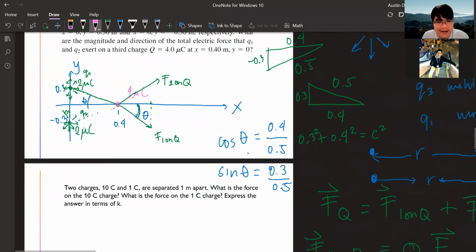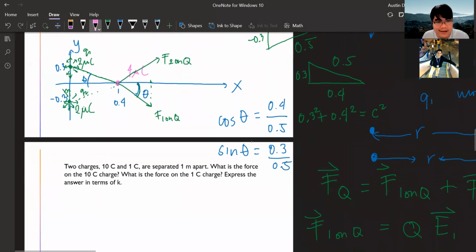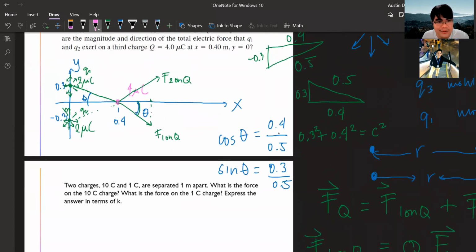Sa cosine theta, hindi mo kailangan ni negative kasi yung 0.4 yung gamit mo, which is itong length na ito. Okay. Mamaya tayo gagamit nung 0.3. Yung negative kasi ito yung 0.3 yung may kaakibat na negative number. Okay? Kasi itong 0.4 ay dito. Itong part na to. Yung part na yan.